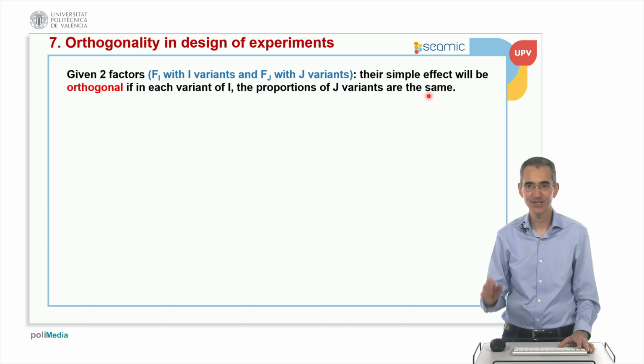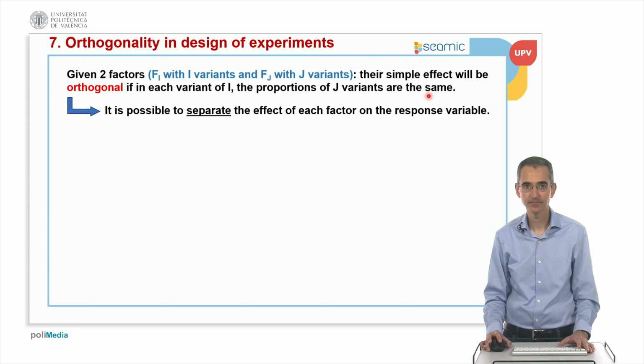Well, it's like the formal definition. I hope that in the previous slide the example was a bit more clear. So if they're orthogonal, it means that it's possible to separate the effect of each factor on the response variable, which is very important. We always want this to be possible.